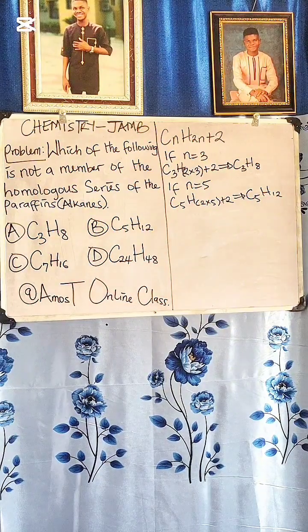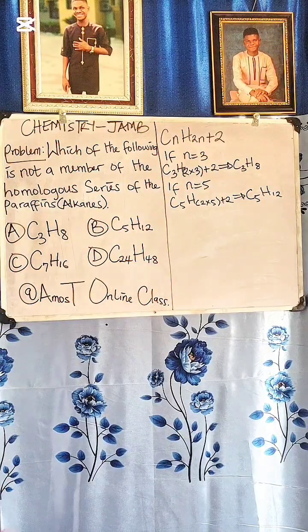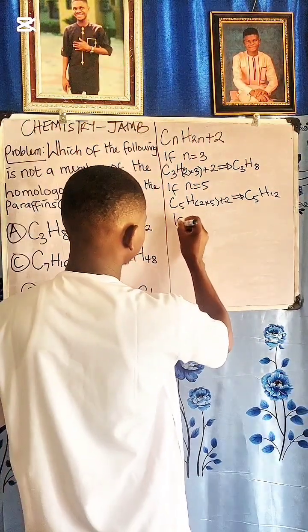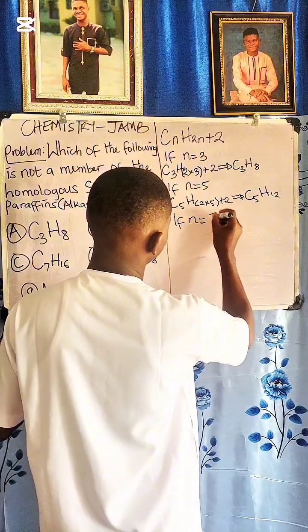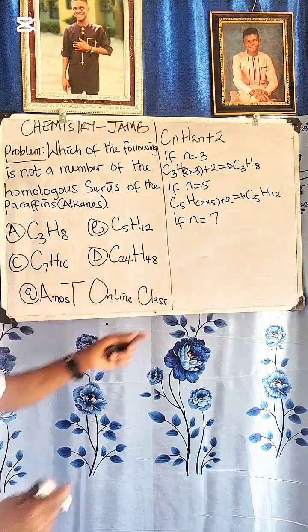So let's check for option C, assuming that n is equal to 7.